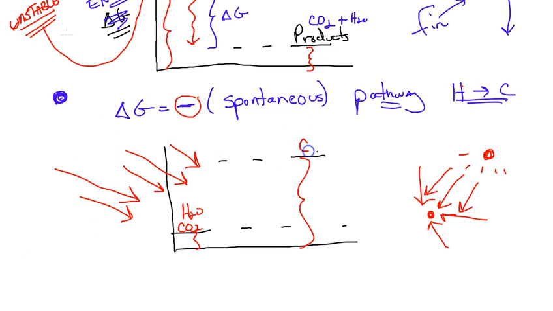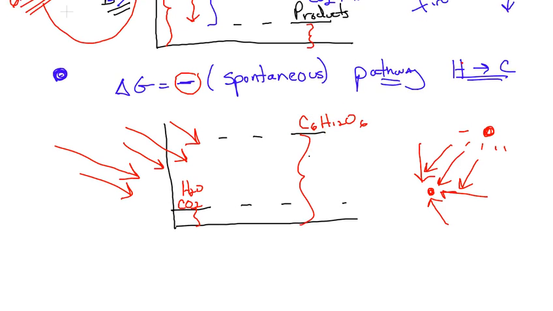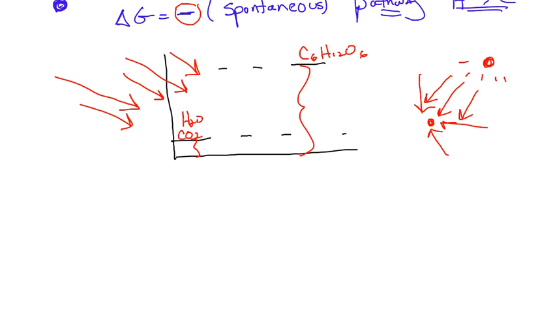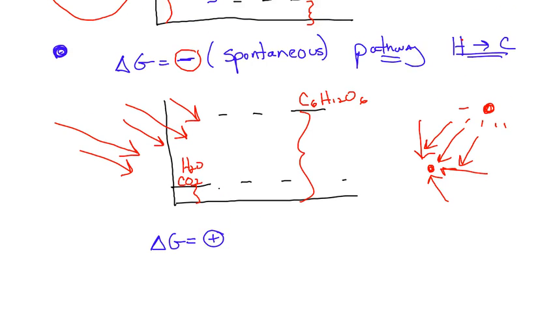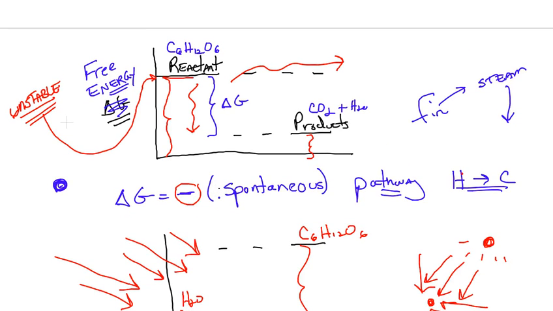We make our glucose, or the carbohydrate, C6H12O6. So it's important you understand the delta G for this reaction is going to be positive because it takes energy. That means you need energy to make this happen. We have a couple of words to describe this. This process is called a what? Exergonic. What does that mean?